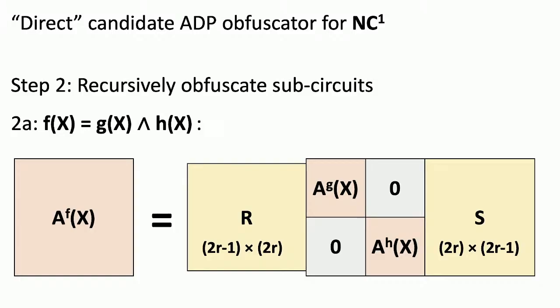I just write them as a block diagonal matrix. This is still a matrix of affine functions. It's not quite enough. But the key observation here is that I'm taking an and. So what I need is, if both of these have determinant 0, then the overall thing has determinant 0, and vice versa.